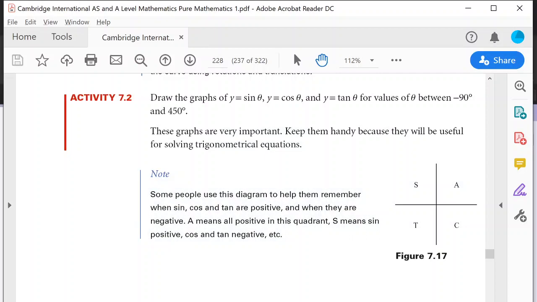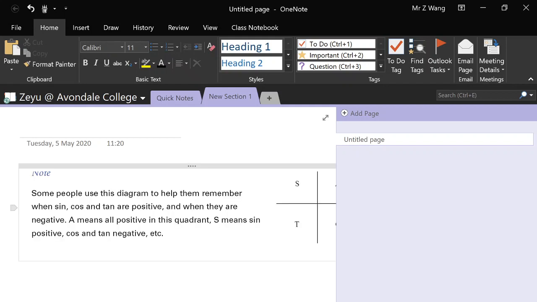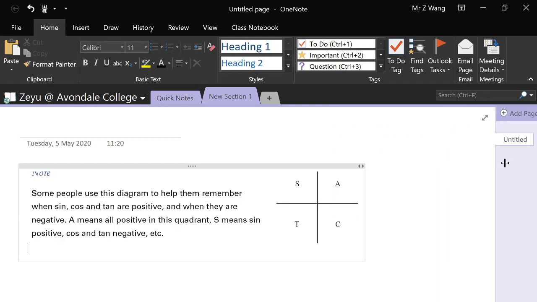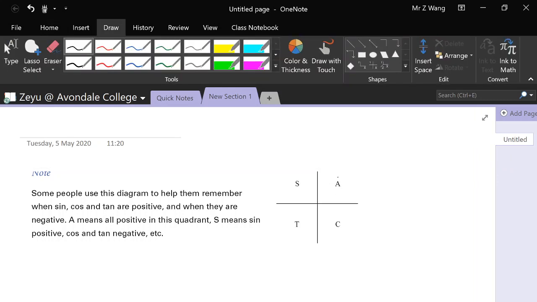So A means all positive in this quadrant. That means in the first quadrant, from 0 degrees to 90 degrees, all functions are positive. So sine is positive, cosine theta is positive, tangent theta is positive.